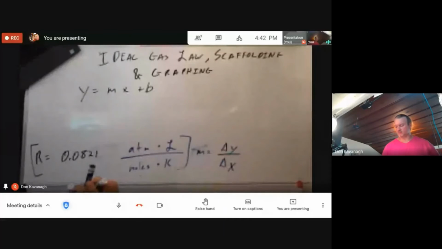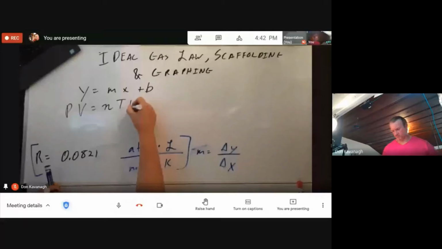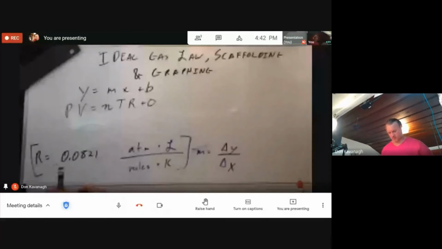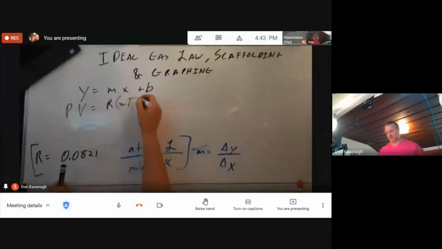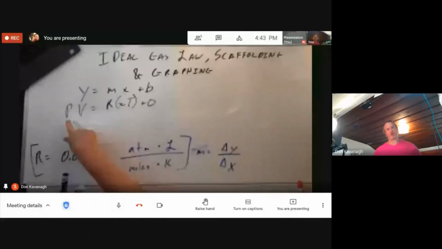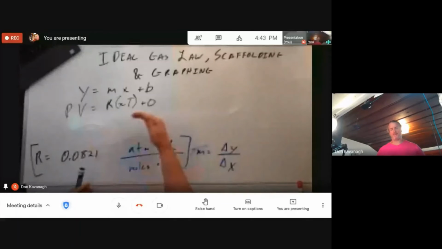I've tried to rearrange this so it's much more visible vertically. The y values are the measured values of pressure times volume.